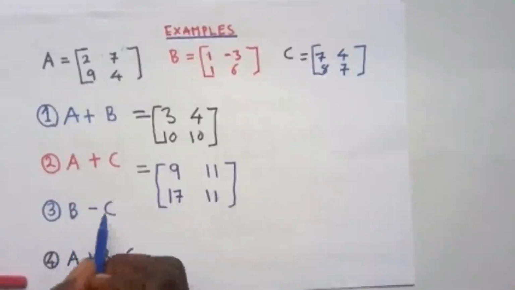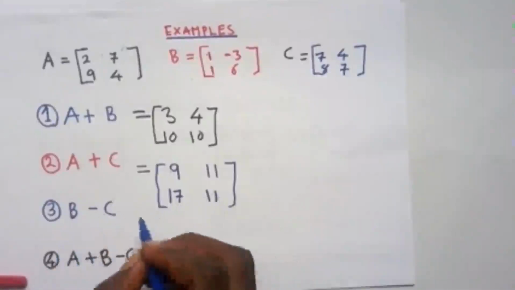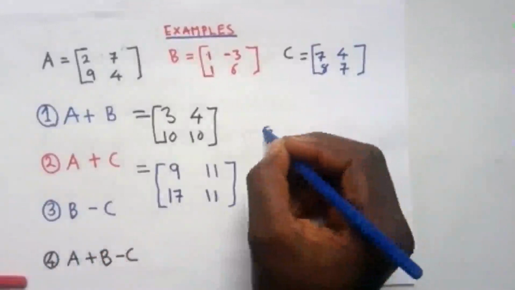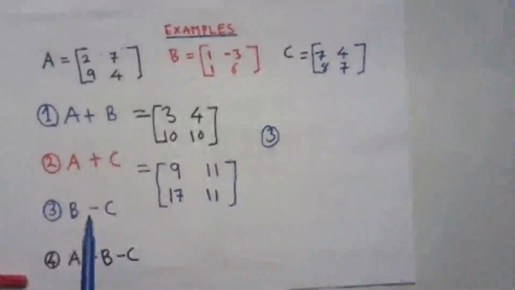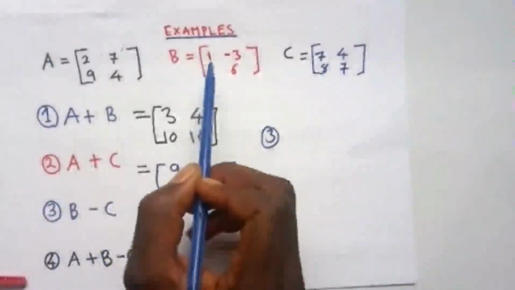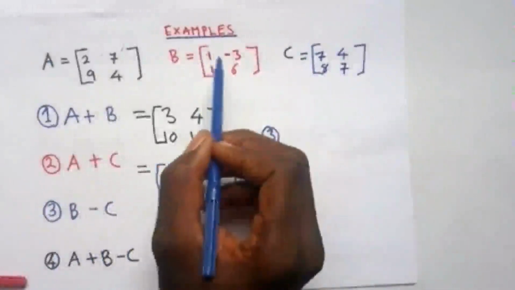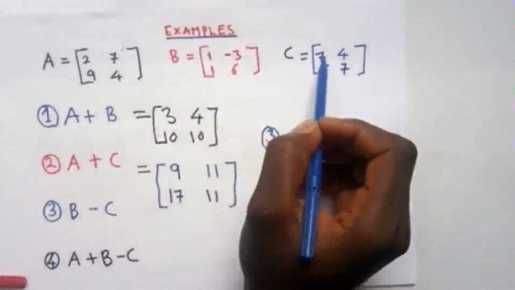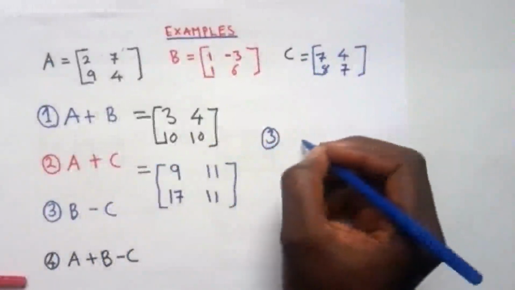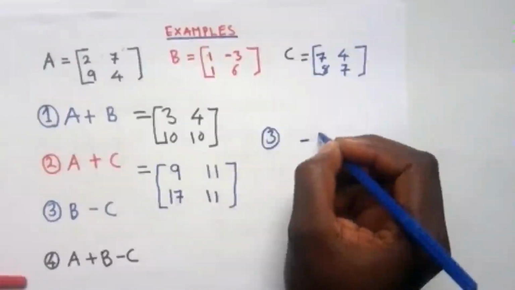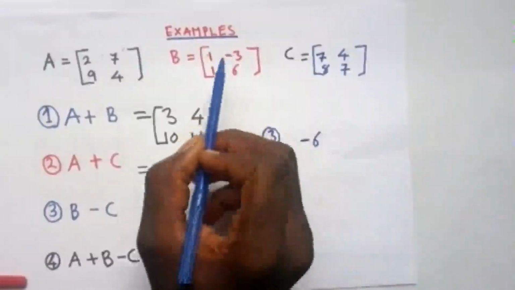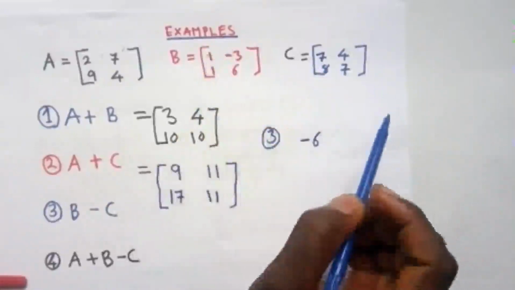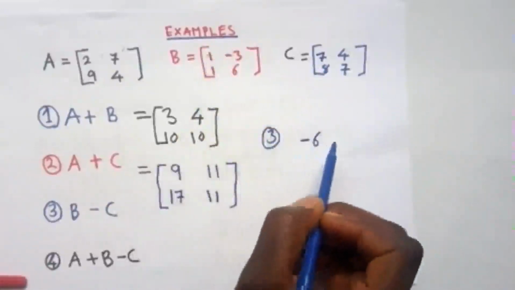We want to subtract matrix C from matrix B. So B minus C. 1 minus 7 gives us what? Minus 6.